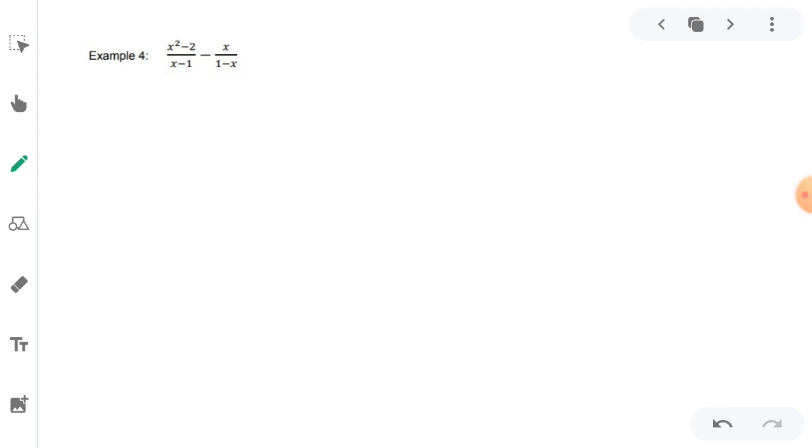So ang gagawin natin is we need to apply the commutative property. So paano gamitin yung commutative property? So we need to rewrite the 1 minus x into x minus 1. So 1 minus x ay gagawin natin siyang x minus 1. So transpose lang natin siya.